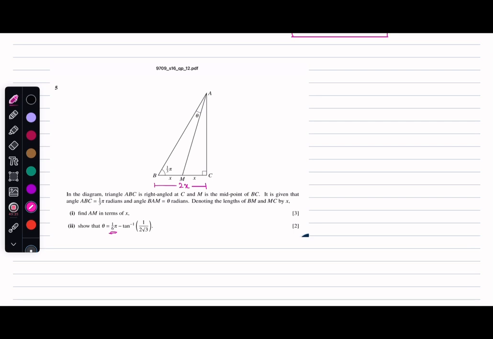If C is pi by 2 and the angle at B is pi by 3, then I should know that this angle here shall be equal to pi by 6. Angle BAC shall be equal to pi by 2 minus pi by 3, which is pi by 6.